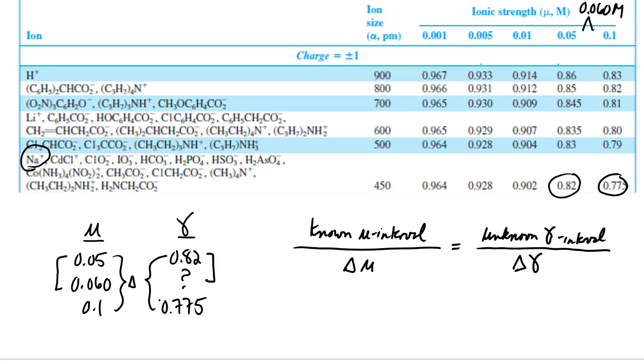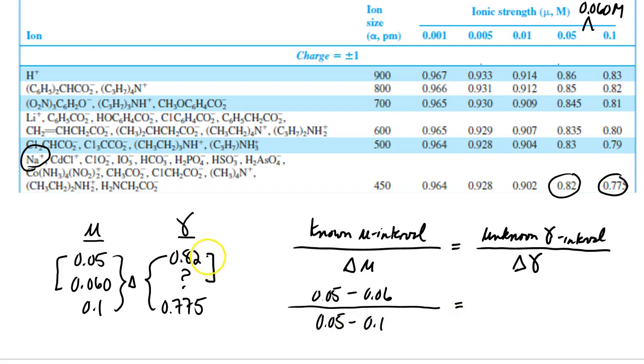So let's see if we can plug everything into this proportion. So again, the known ionic strength interval is the difference between these two numbers, 0.05 minus 0.06. The entire range of ionic strength, or delta, would be 0.05 minus 0.1.